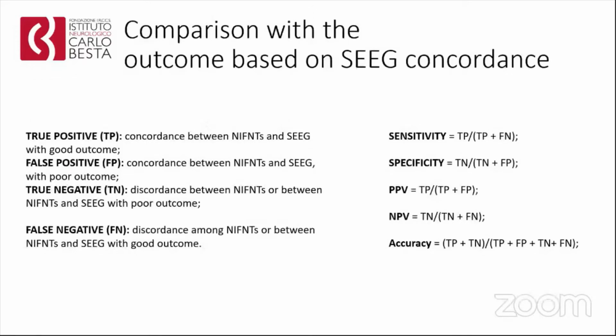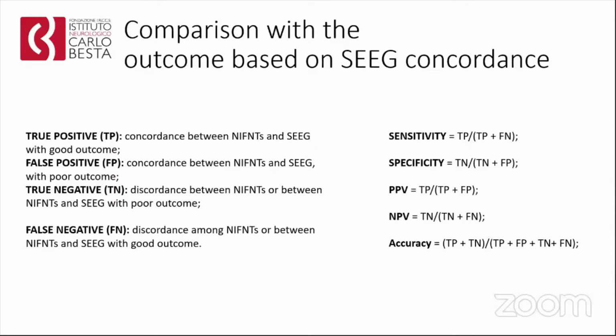After we studied the concordance with the resection, we tried to combine this concordance with the outcome of the patients at least one year after. We decided to calculate four classical quantities. When we had good concordance between the non-invasive techniques and a good outcome, we had a true positive.